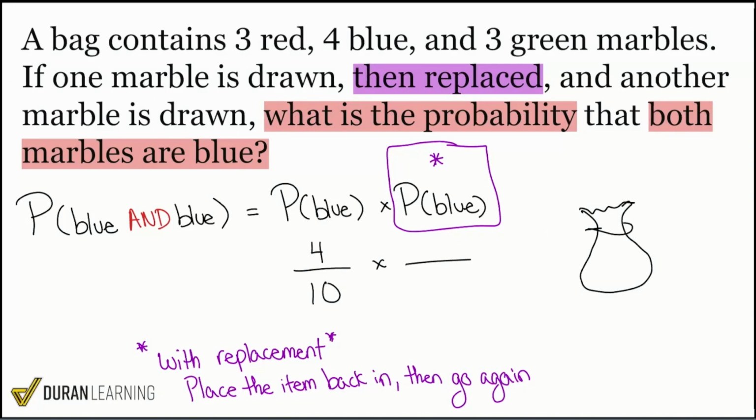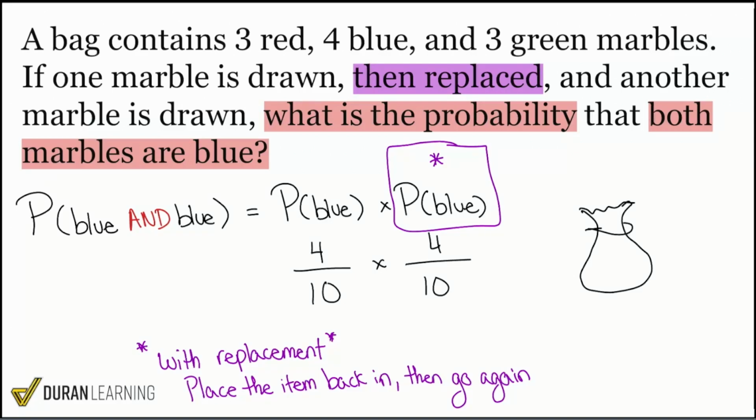So the probability of selecting a blue the second time is the same probability. There are still 4 blue marbles out of 10 marbles in there. My friends, does that make a little more sense there? Why we see 4/10 listed twice? Because again, it's with replacement. We put it back in, so there are still 10 total marbles. 4 of them are still blue.